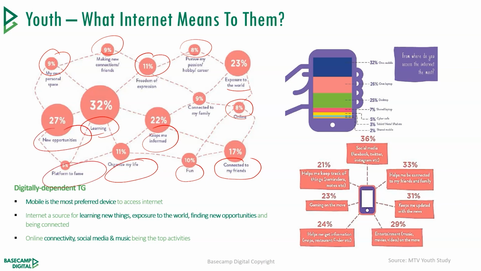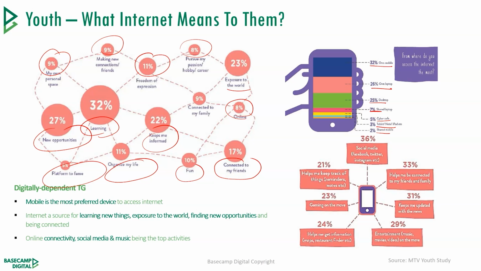It can be Instagram, it can be Twitter, it can be TikTok, or whatever it is. And then where they access the internet from, right? 32% from mobile, 26% from own laptop. Some of them do have a desktop, some of them have a shared laptop either with their parents or with siblings. Cyber cafes obviously used to be there, but now really don't, though there are still some places where they do exist. And 3% from tablet and 2% from side mobile, right?